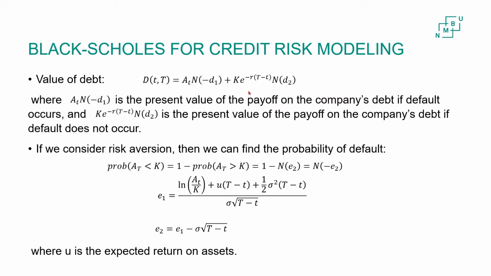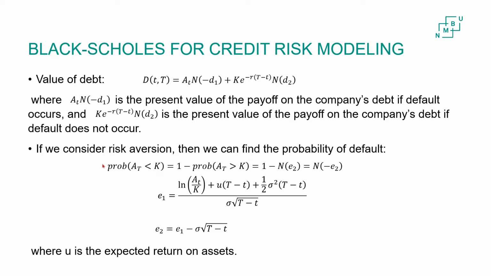What we are interested in is not the risk-neutral probabilities, but the risk aversion probability of default, for example. So if we consider risk aversion, then we have the probability that the asset value at time capital T is less than the face value of the debt.